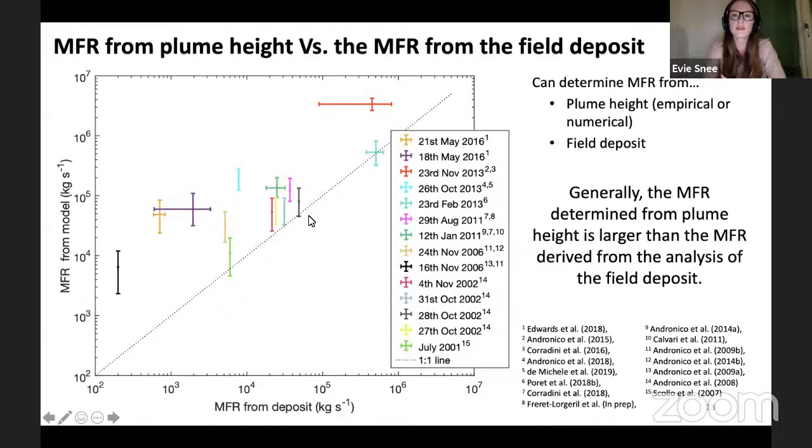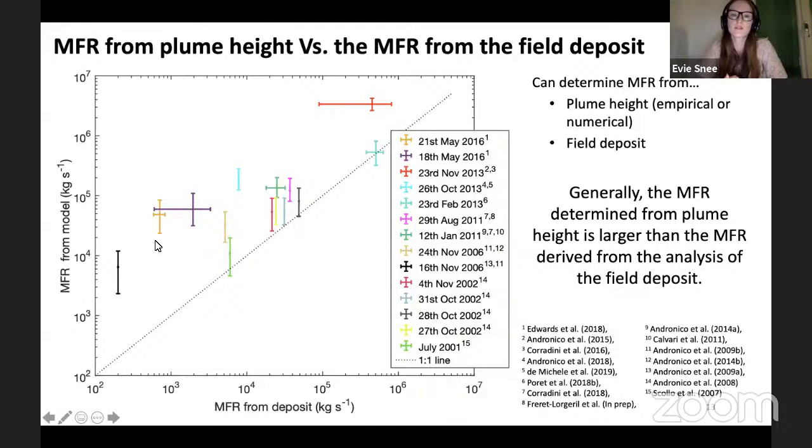What we can see is that generally the mass flow rate from the plume height using the standard integral model is higher than that from the field deposit. While this could just be because the field deposit looks at the whole range of the eruption, and generally the height observations are taken just from the climax, the highest point, the order of these differences is actually quite large.